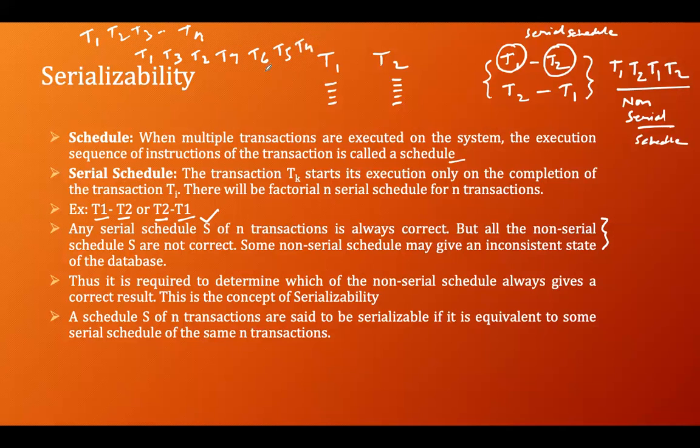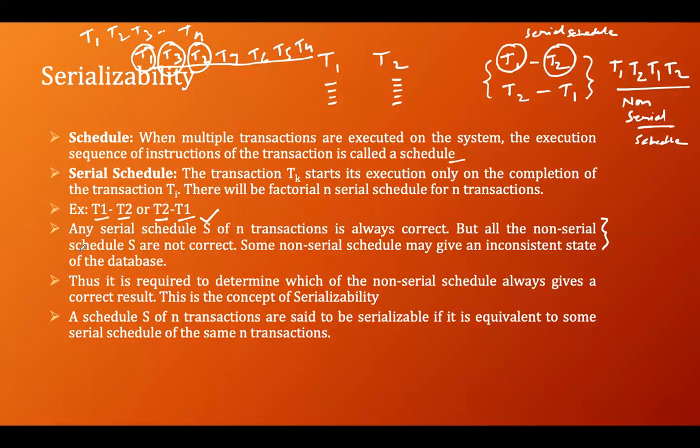So this is a serial way. Serial means one transaction, all its operations, then another transaction, all its operations, then another transaction, all its operations. If I am making a serial schedule, then my database will always be in a consistent state.